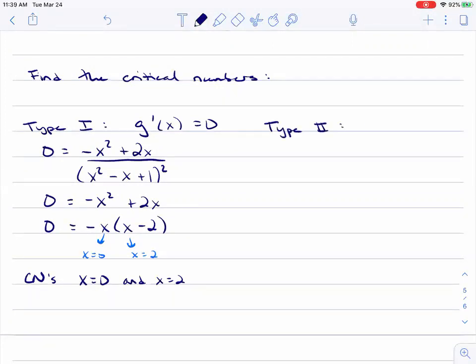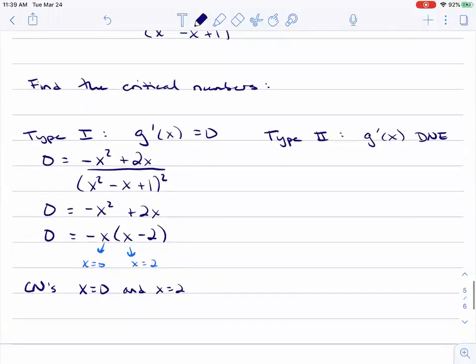Type 2 is where the derivative does not exist. This is really only going to be a problem if you have some fraction or a root or something like that. So just like the domain usually.